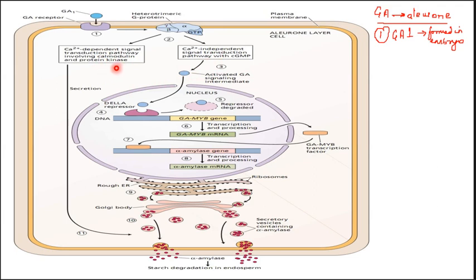Involving cyclic GMP, in the activation of a signaling intermediate. Now the activated signaling intermediate, formed here, will bind to DELLA repressor proteins.